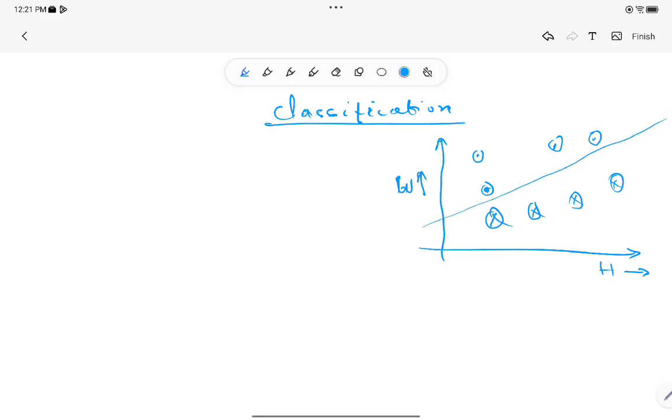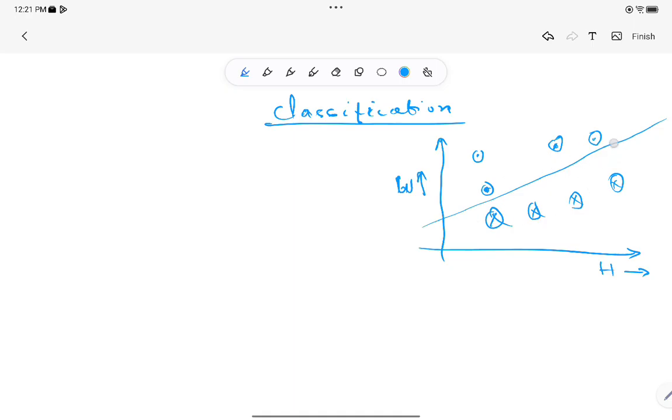I told you that in fact, weight and height of people who are to be classified as obese and non-obese cannot be divided into two categories by a straight line.